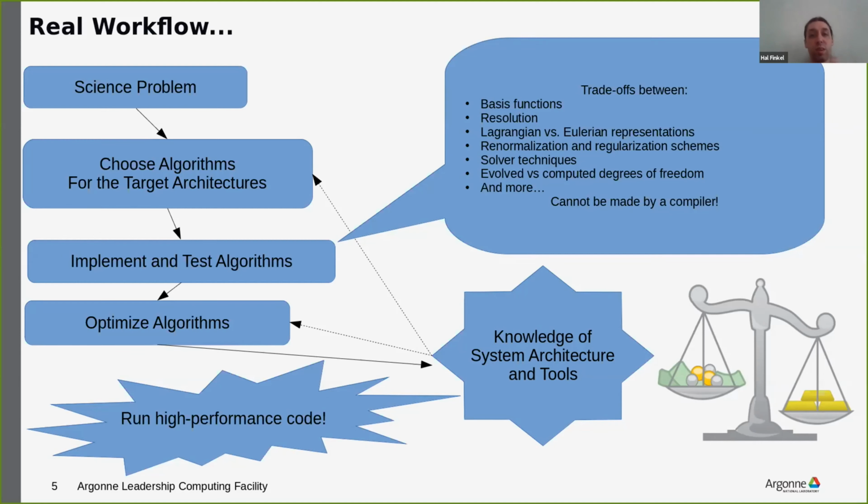They can't be made by a compiler, and they really can't be affected by a lower level programming model choice. So it's really important that your application design process considers these things in combination with properties of the architectures on which you're trying to run as you go through the workflow of designing your application.